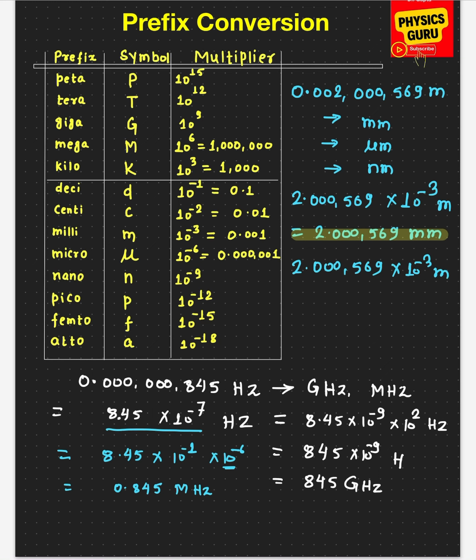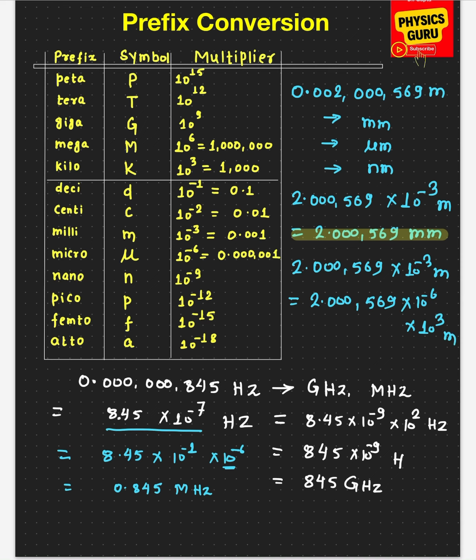So I have to write something in terms of 10 to the negative 6. I'm simply going to write down 10 to the negative 6 times 10 to the negative 3. Why? Because if I look at these two numbers together, that will be negative 3. And that is in meter.